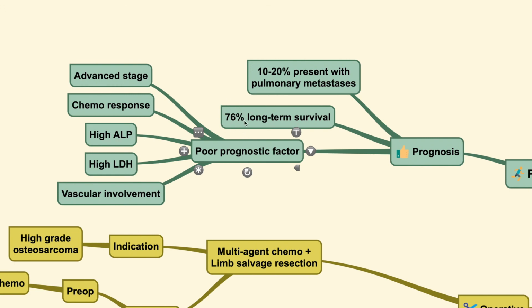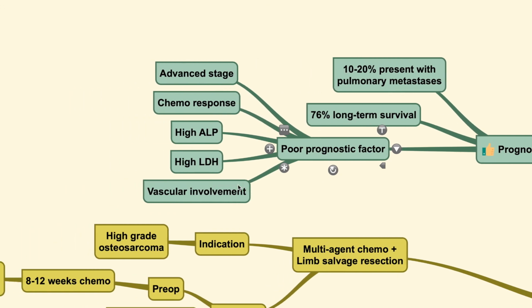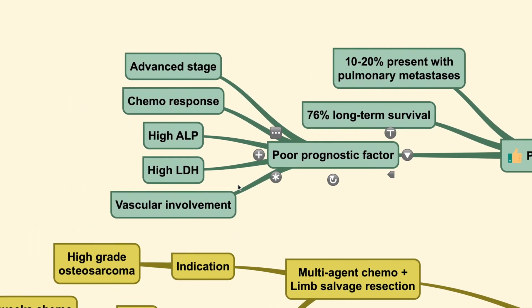This has increased from past research because there are already effective chemotherapy regimens which help increase the rate of survival. However, some subtypes of patients still have poor prognostic factors, which include advanced stage, poor chemo response, high alkaline phosphatase, high lactate dehydrogenase, or any signs of vascular involvement.